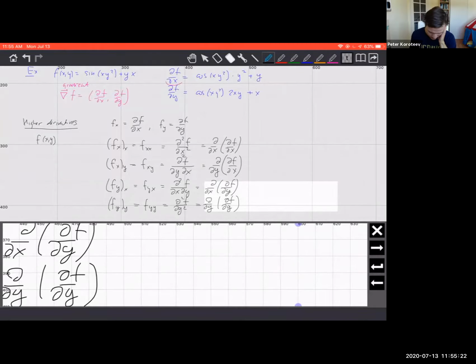So yeah, we already have 4 different second derivatives of a given function of 2 variables.